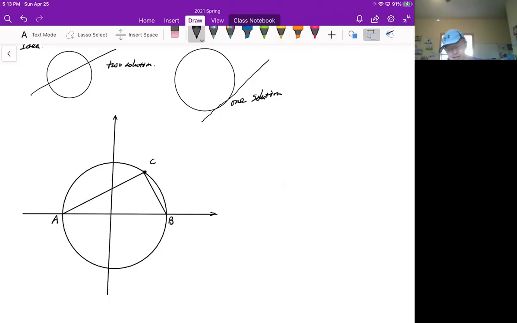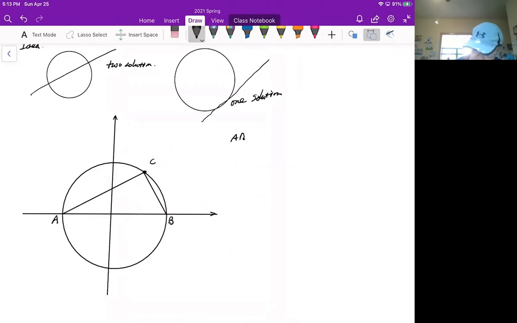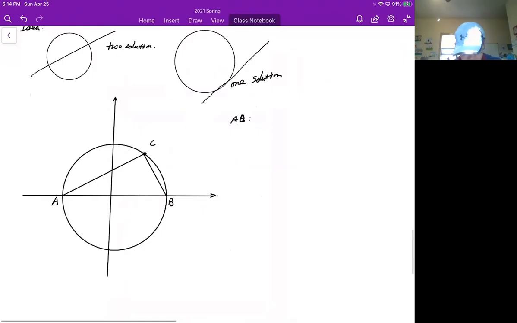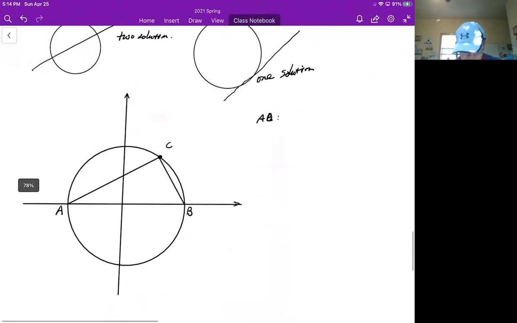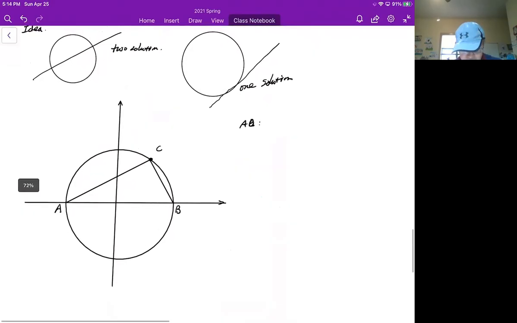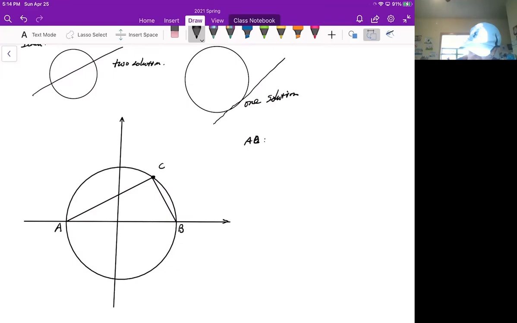Some time ago, we learned this, and I want you to prove that, with AB the diameter, AC is perpendicular to BC, right?